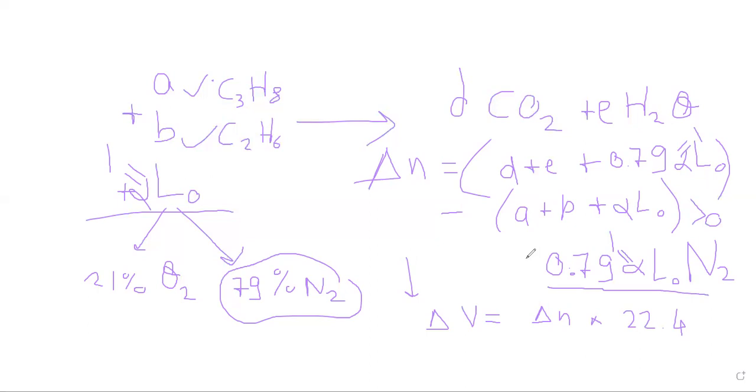The extra oxygen present will be alpha minus 1 times 0.21 L0, because in the combustion you will have only 21% of L0 that will do combustion, and the remaining part of oxygen will be here.